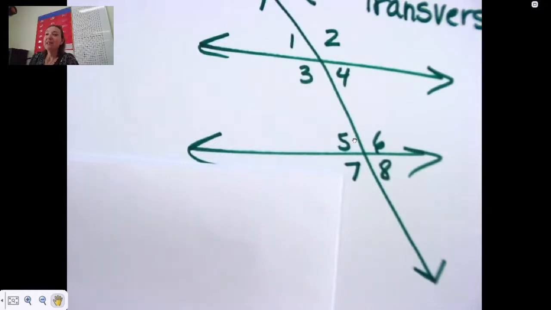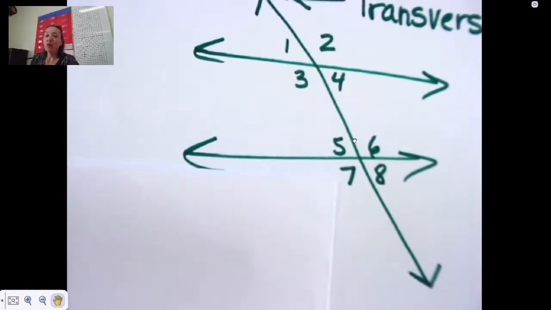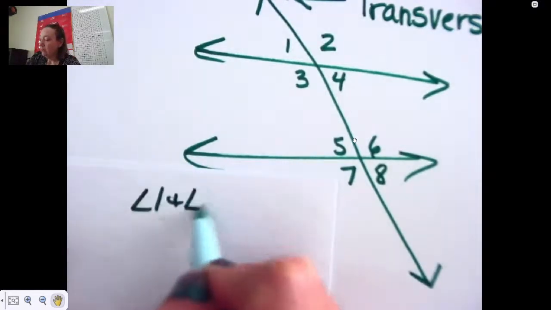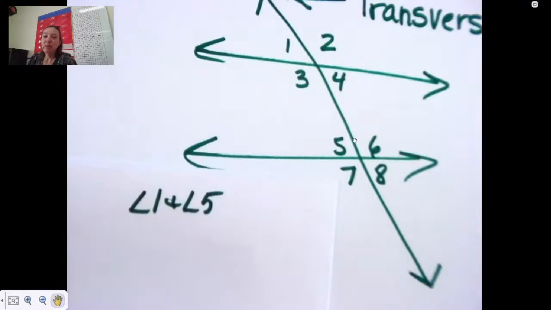Okay. All right. Look at angle 1 and angle 5. Y'all see angle 1 and angle 5? Tell me what you notice about them. Corresponding. How did you know that?